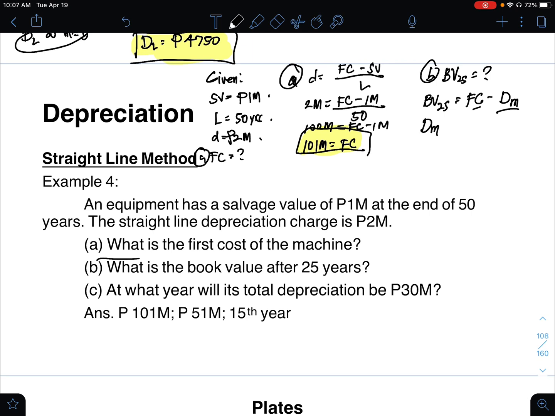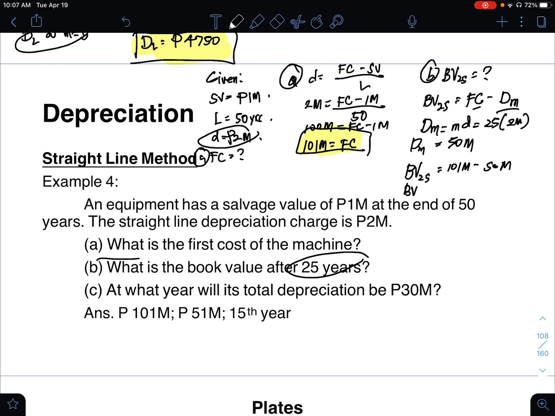Remember that the formula for DM is just M times D. Our depreciation is 2 million, and M is 25 years. So 25 times 2 million, our DM is equivalent to 50 million pesos. So our BV, or the book value after 25 years, would be equivalent to the first cost, which is 101 million, minus 50 million. So our book value after 25 years is just 51 million pesos.